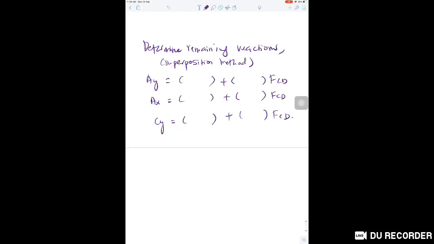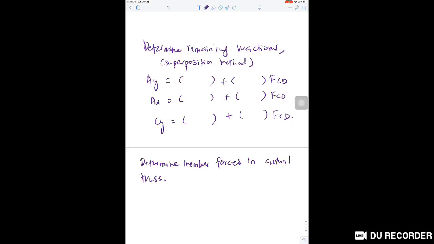And finally, we have to determine the member forces in actual truss. That means we have to determine the value one by one for each member.